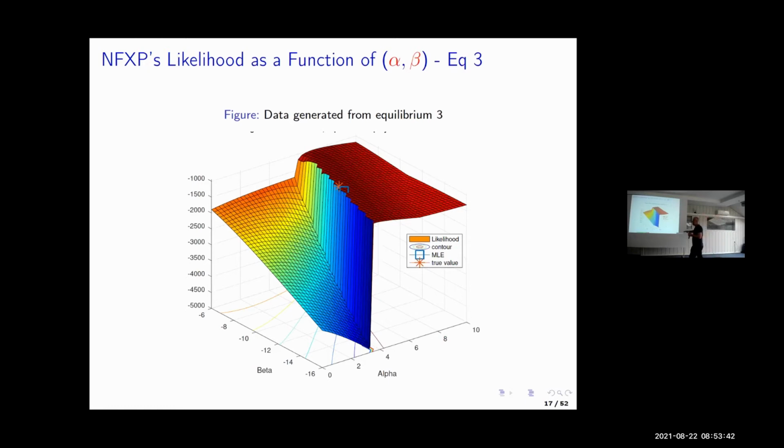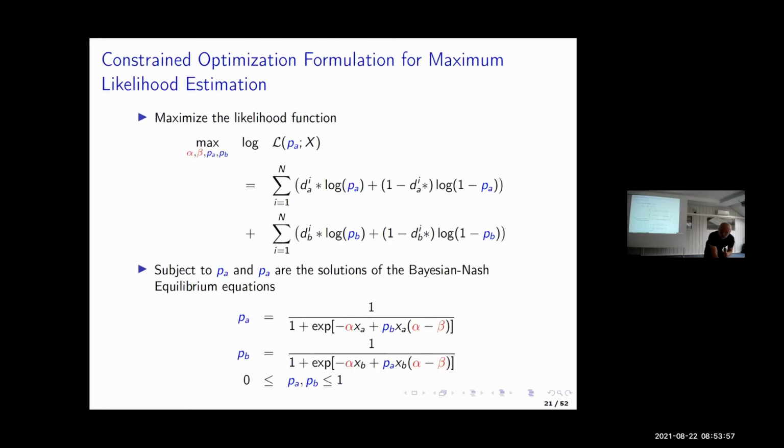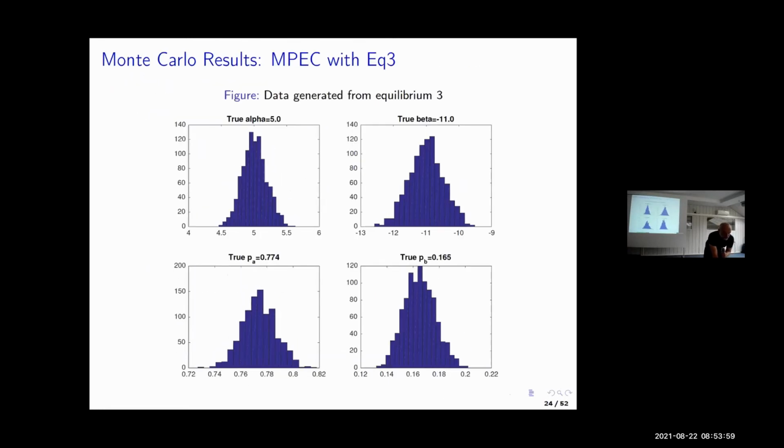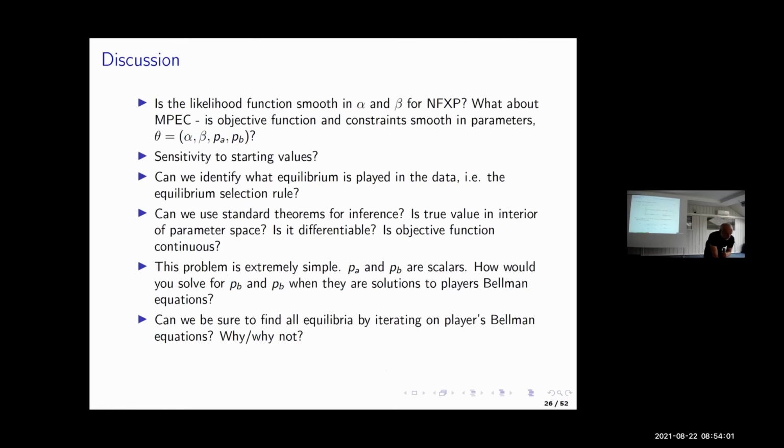So gradient-free methods. But you can see it's going to be more nasty to try to maximize this likelihood function, even for this ridiculously simple model, okay? So this is just to illustrate some of the challenges that there are in estimation of games.